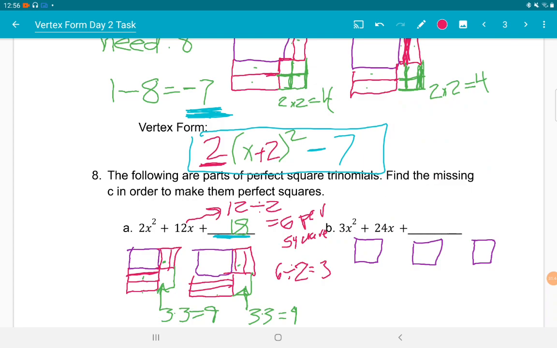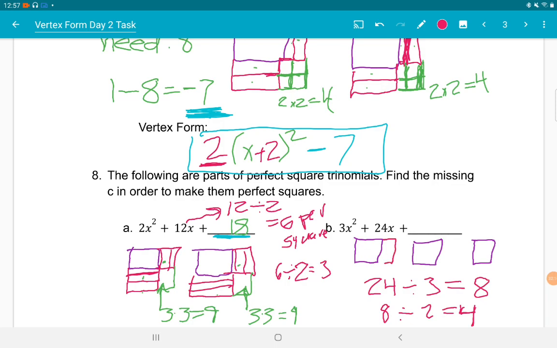So I'm going to take my 24 x's and divide it by 3. That means each square gets 8 x's, okay? Then once I do that, I can divide my 8 by 2, okay, to get how many need to go on each side, which would be 4 for us.